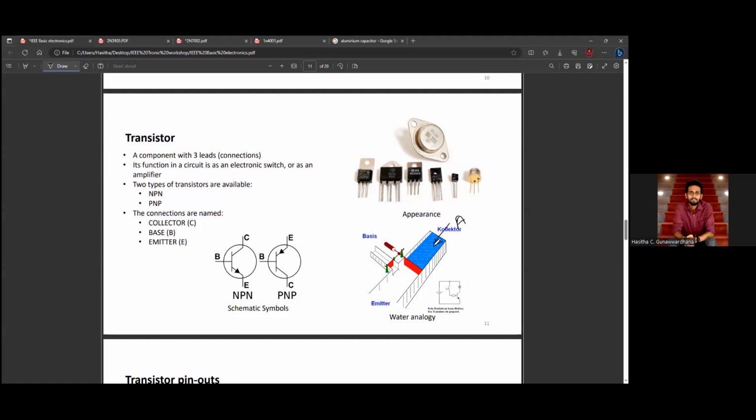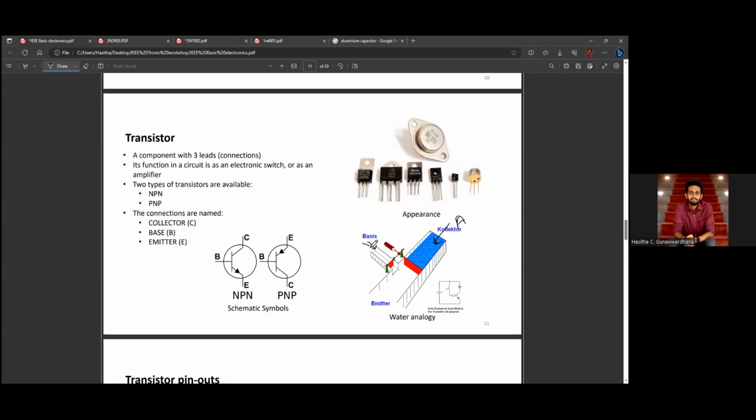So if we consider this way, if we cut off the water flow to this base, this door will be closed, like in this picture. Then the current flow is cut off by this door.